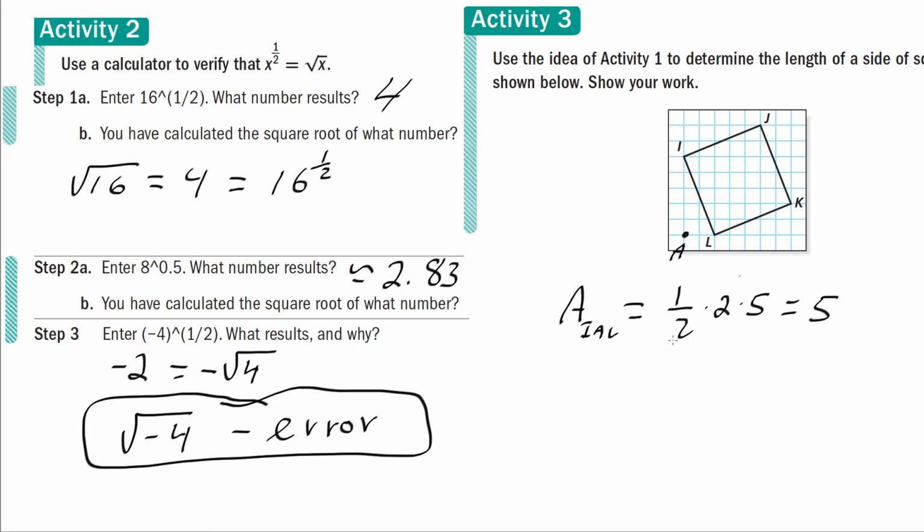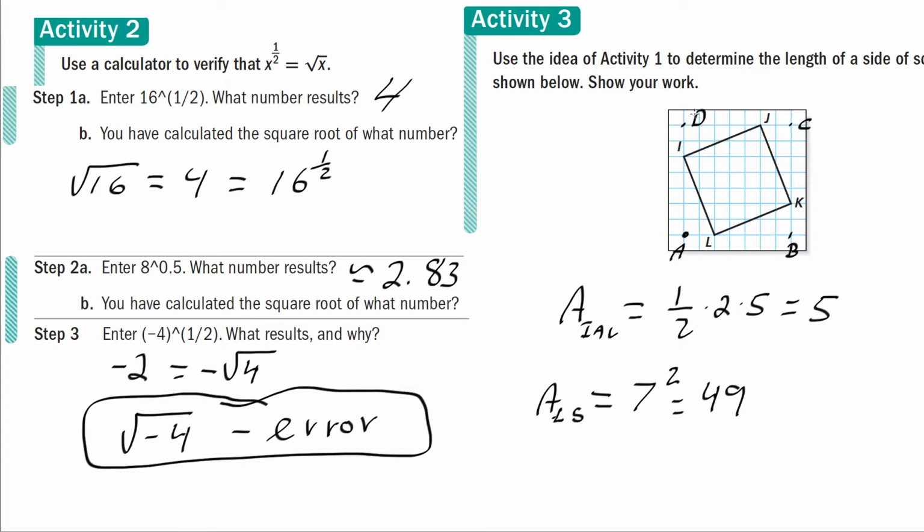So the area of my large square is equal to 7 squared, which is equal to 49. So we'll make that A, B, C, D. So we've created this larger square, and we're using the grid to do our calculations.